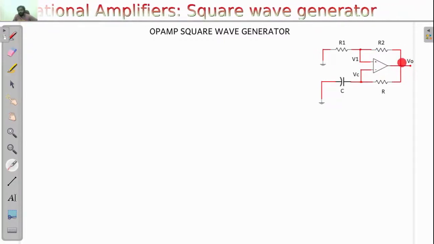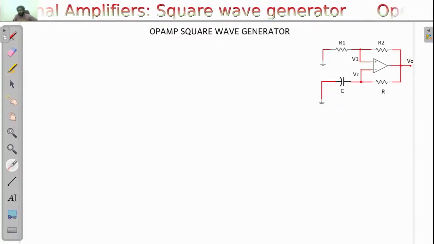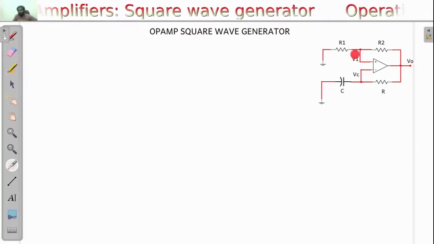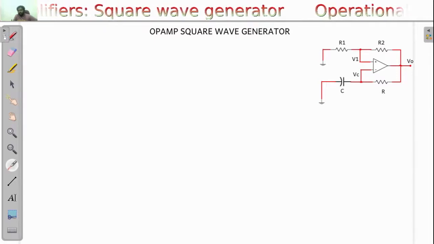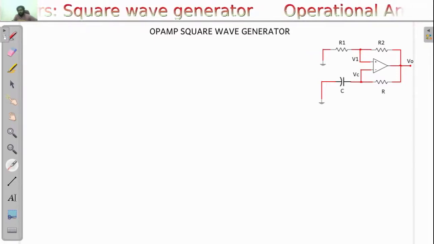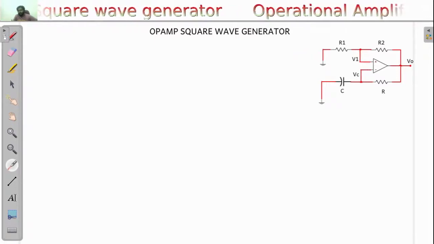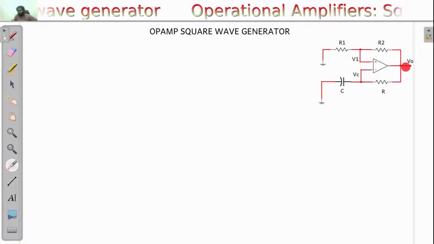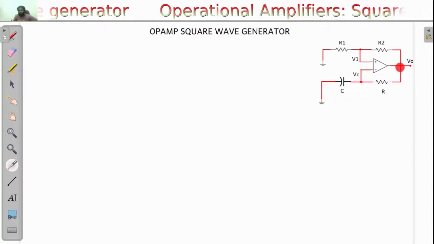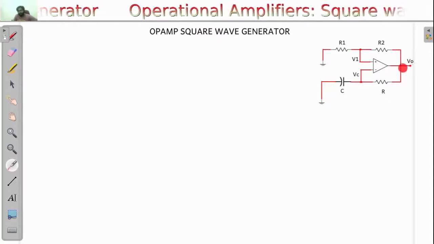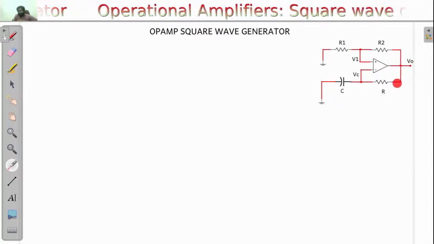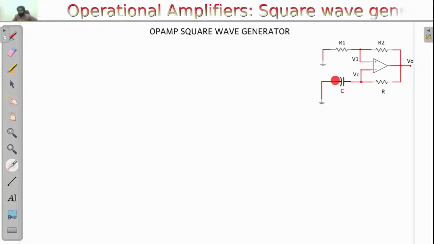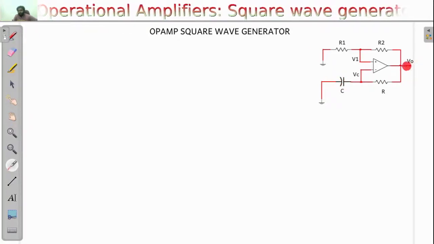Now it is at positive saturation, and a voltage is again applied at the non-inverting terminal through these two resistive networks, and that voltage is also positive. Similarly, this voltage at positive saturation will try to charge the capacitor to its own voltage.